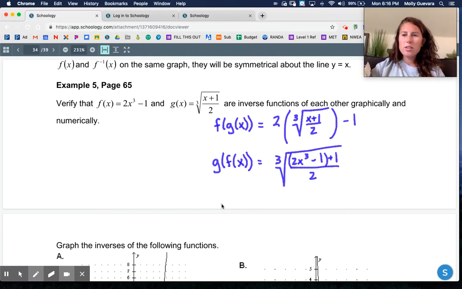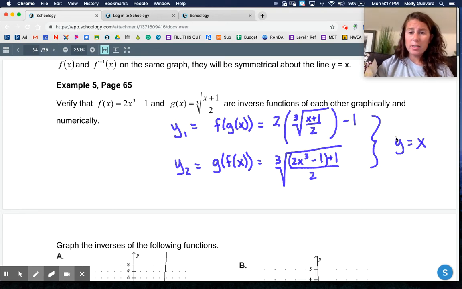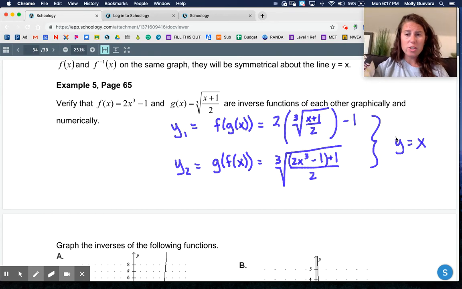And so these are the two functions that I'm going to enter into my calculator. I'm going to call one y1 and the other one y2. Because if they are inverses of each other, they will both get us the equation y equals x. They will line up at the equation y equals x. So I'm going to pull up my graphing calculator and we're going to enter this and show how they are both equal to the line y equals x.